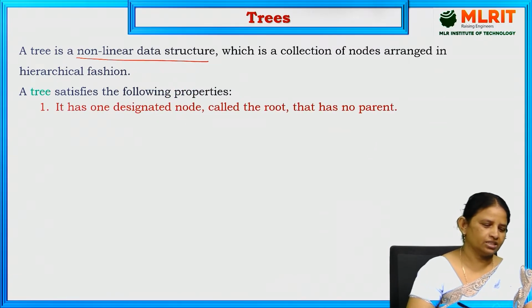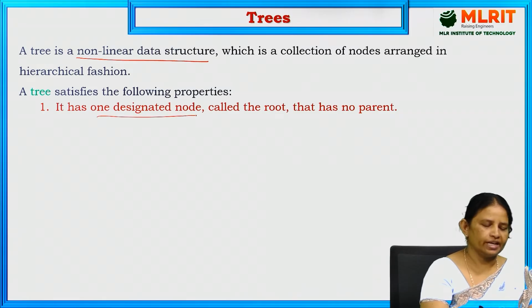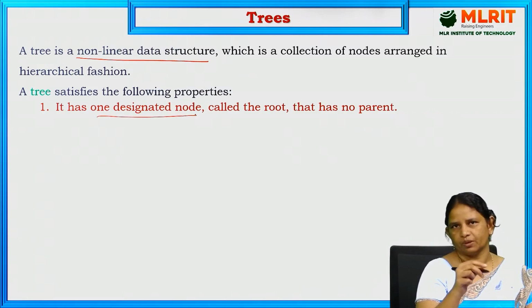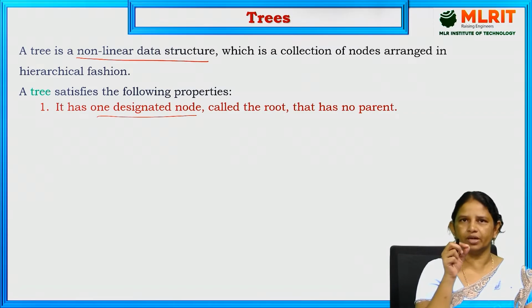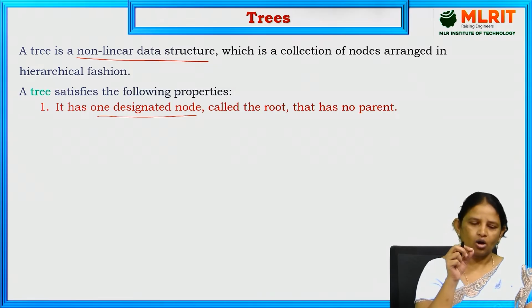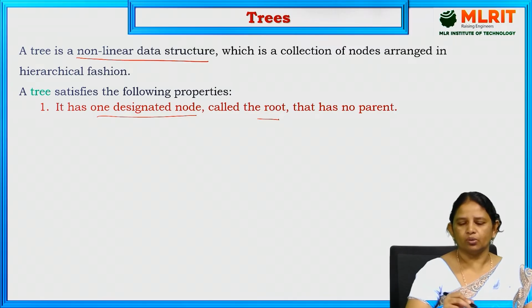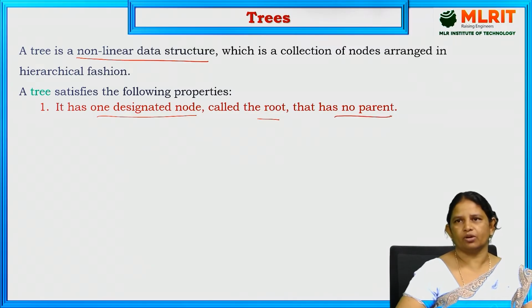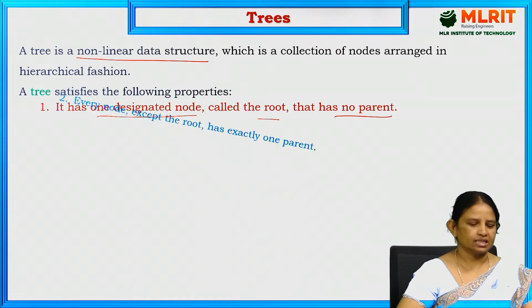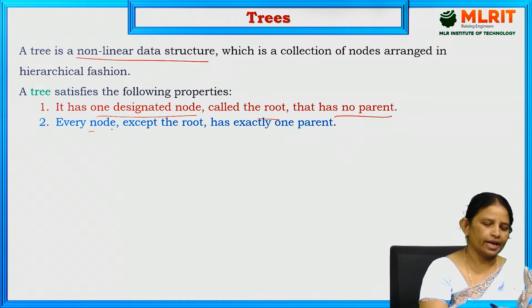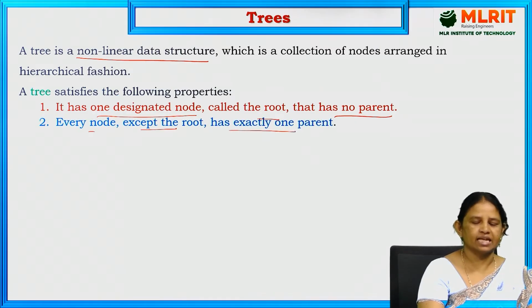First condition: it has only one designated node. That means only one node can be present at the top level. That is called the root node, and the root node has no parent. Second: every node except the root node has exactly one parent.